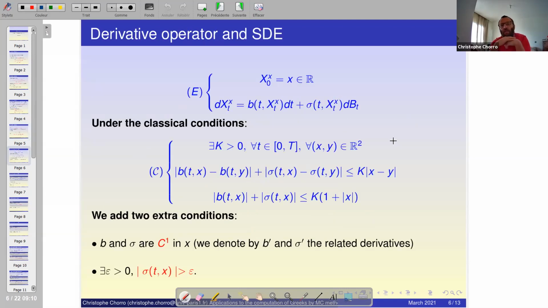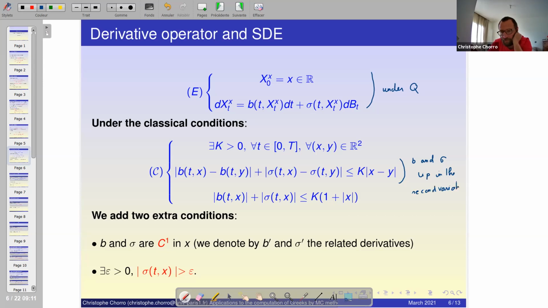Keep in mind that the dynamic of my risky asset is given by this equation, under an equivalent martingale measure Q. I suppose this condition in order to ensure the existence and the uniqueness of the solution in the strong sense, and in particular you have here that b and sigma are Lipschitz in the second variable.